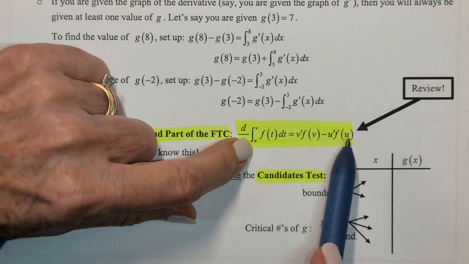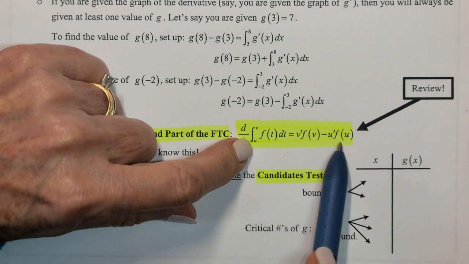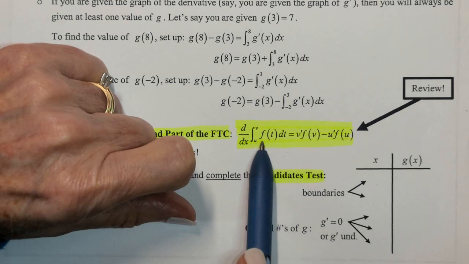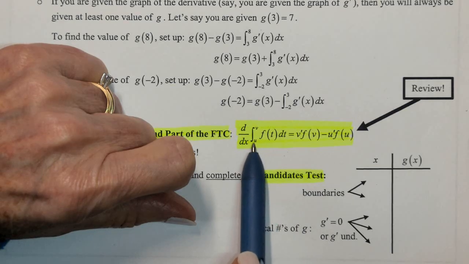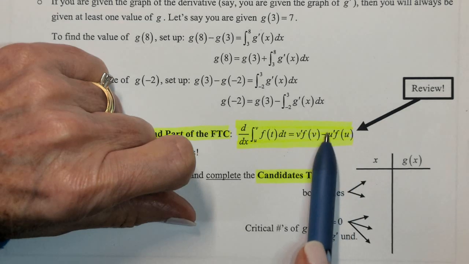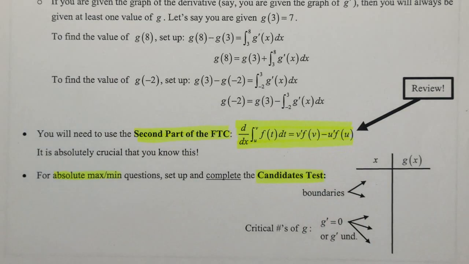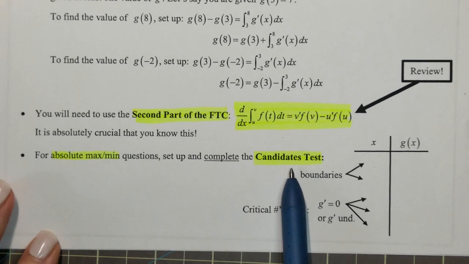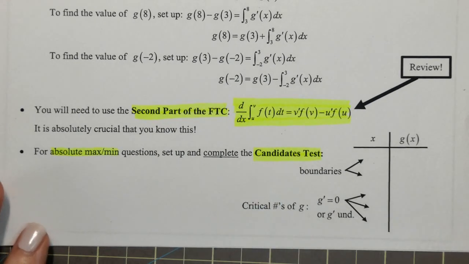Do the same thing for the bottom boundary. Oftentimes the bottom boundary is a constant, and if the bottom boundary is a constant, then this entire part will be 0. Okay? For absolute mins and maxes, don't forget the candidates test. Alrighty?